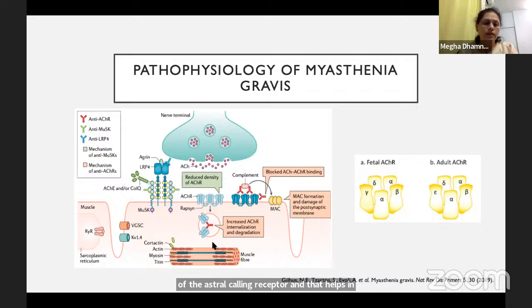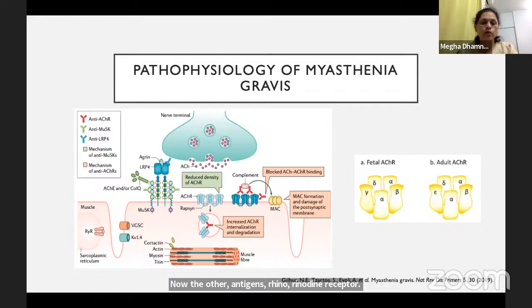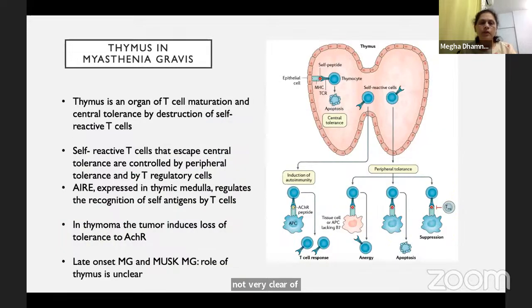Other antigens, ryanodine receptor antibodies, have been found, as well as myosin, actin, cortactin, titin. You will see these antibodies in patients with thymoma, and their presence indicates a poor prognosis, or they may be markers of thymoma, but the actual pathogenic role of these intracellular antibodies is not very clear.